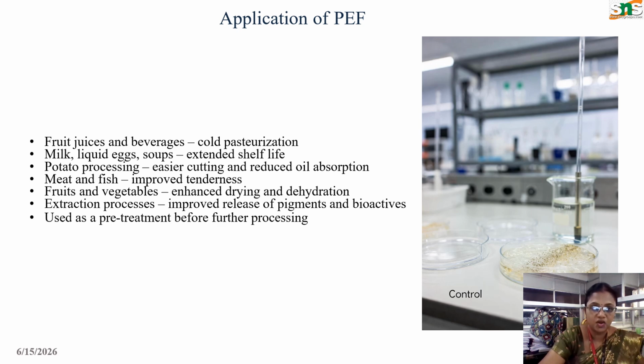In meat and fish processing, it is used to improve the tenderness of the flesh. In fruit and vegetable processing, it gives enhanced drying and dehydration. And in extraction, it improves the release of pigments and bioactives, and it is also used as a pre-treatment before any further processing of the food materials.